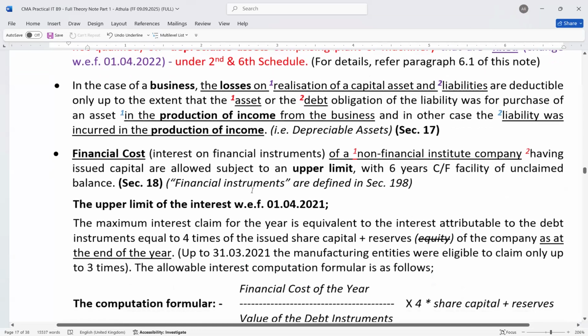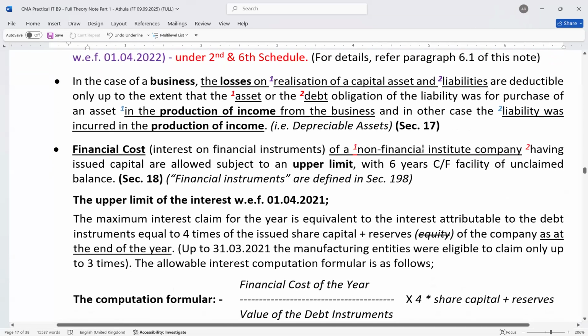Then, this section 17 is also important. In the case of a business, this is related to losses. Losses on realization of capital assets and liabilities are deductible, only up to the extent that the asset or the debt obligation of the liability was for the purchase of an asset in the production of income.